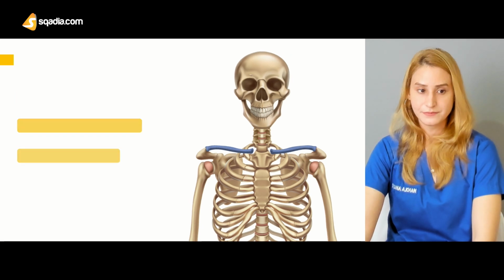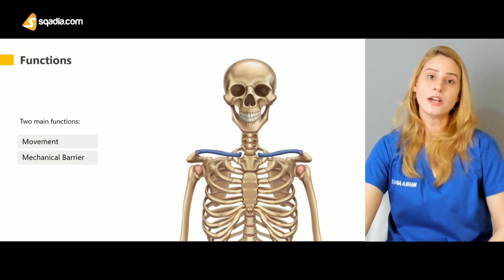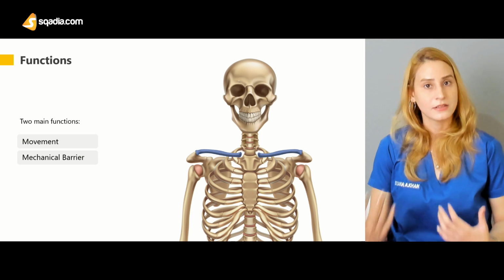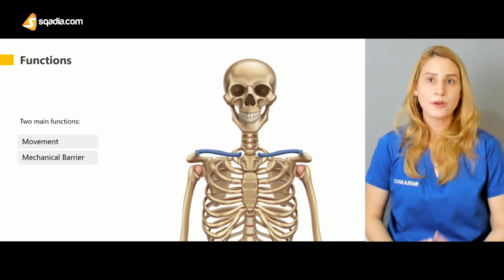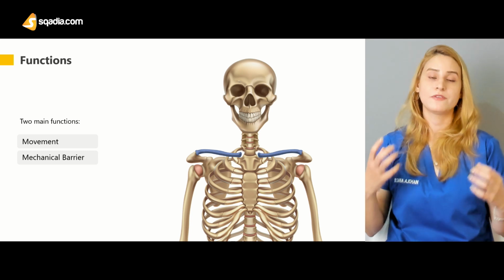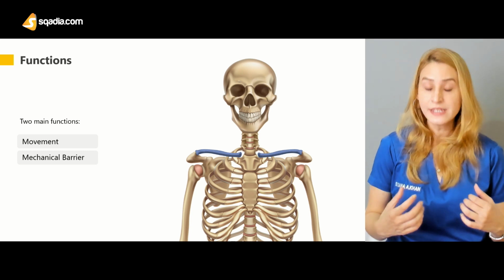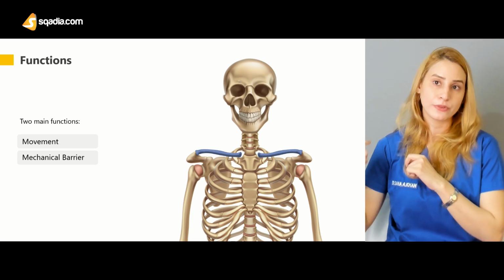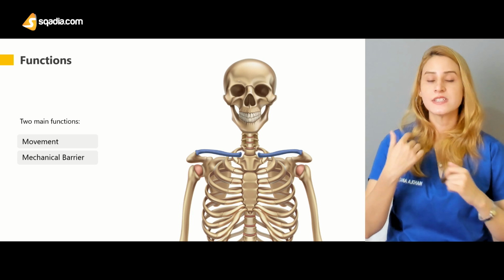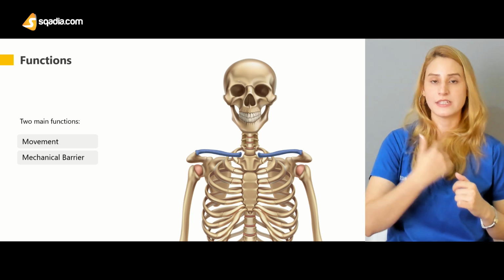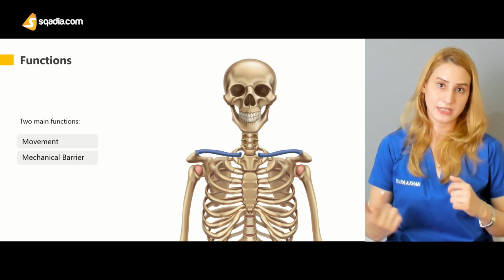scapula. Okay, so now talking about the main functions of the clavicle. Bones come into action, or are responsible for the particular function of the joint. So it's making an acromioclavicular joint, and then you have a sternoclavicular joint, and there are some movements which are possible at the sternoclavicular joint and the acromioclavicular joint.